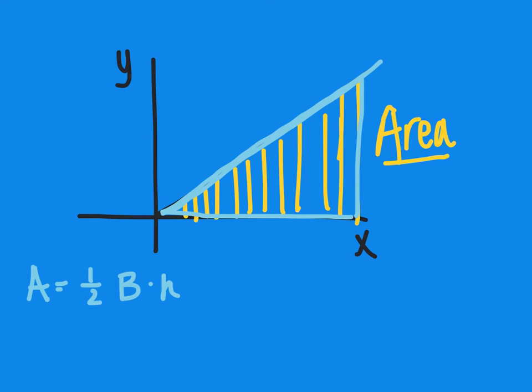To understand what variable the area is representing, we have to look at what's on our y and x axis. The base of our triangle is along the x axis, so I'm going to substitute in change in x for the base. And the height is going to be change in y.